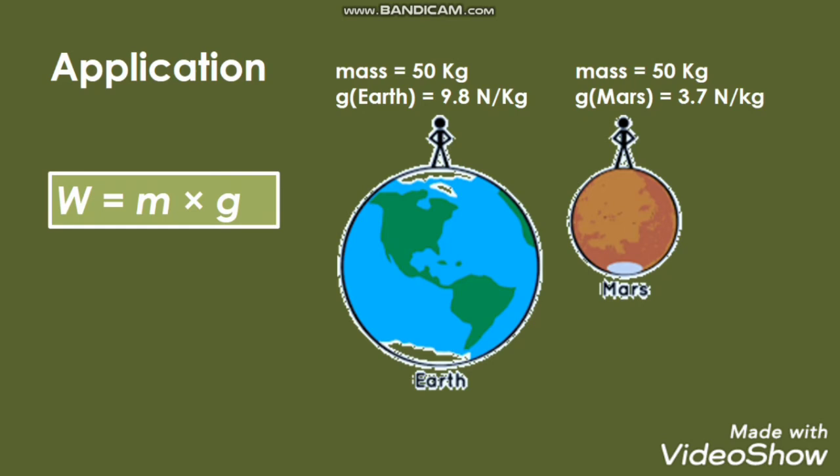On Earth, it's 50 times 9.8. And on Mars, it's 50 times 3.7. Pay attention to the units. They must be in the SI unit. So the weight of the man on Earth is 490 Newton and on Mars is 185 Newton.